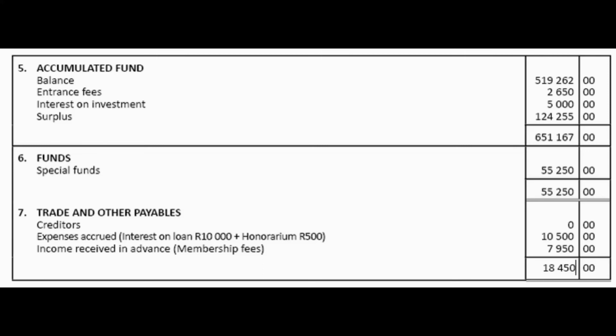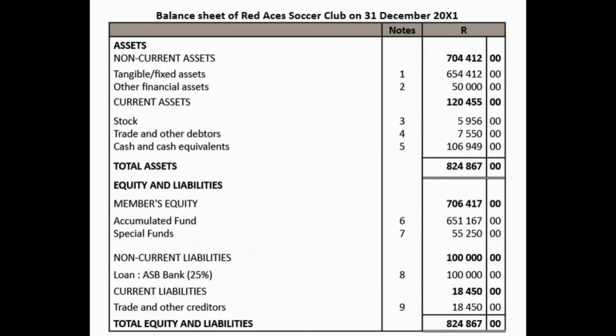And then income received in advance was for membership fees 7,950. And that gives you a total for trade and other payables of 18,450.